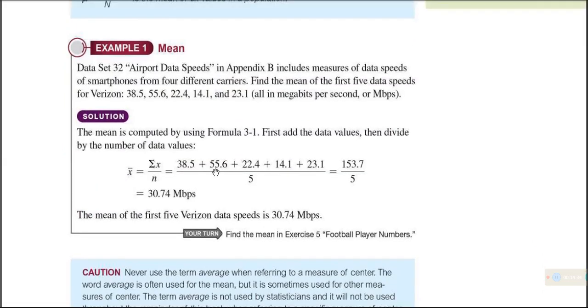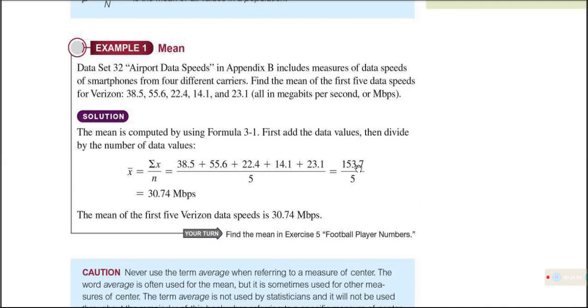So, gawa tayo ng example. Meron tayo ditong 1, 2, 3, 4, 5. Meron tayo ditong 5 data points that represents the data speeds for Verizon. Paano natin kukunin yung mean nila? So, i-add mo lang sila lahat. So, 38.5 plus 55.6, 22.4, 14.1, 23.1.